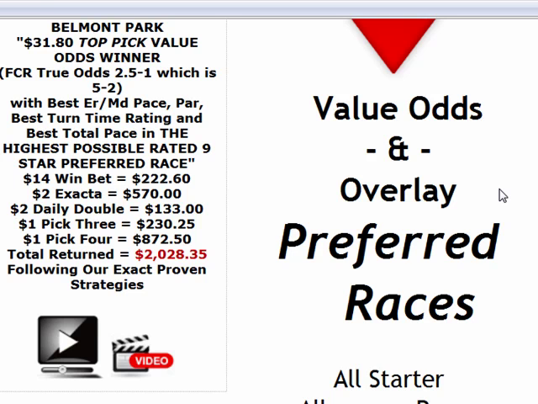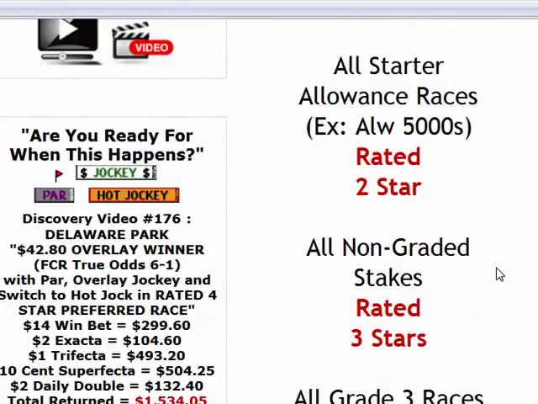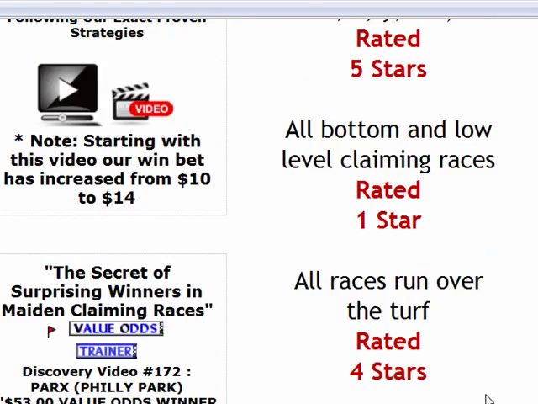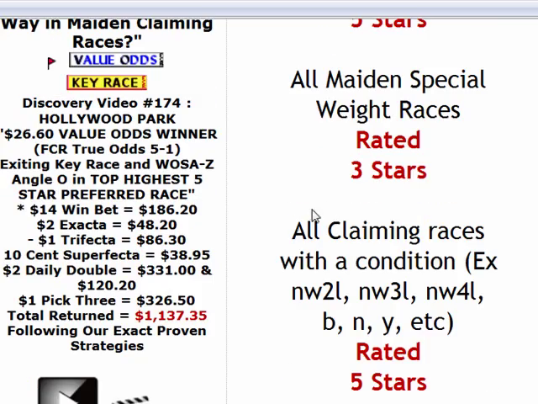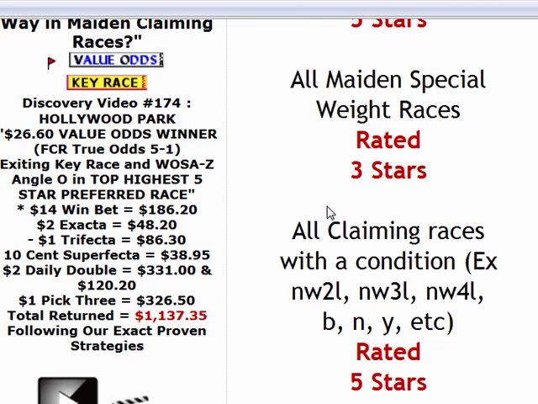Okay, so I've got them all rated. Here's all your conditions. I've got them all rated from 1 to 5 stars, 5 being the strongest. There they are. And the race we're looking at here is a top-rated 5-star. Can't get any higher. As far as a single condition, claiming races with a condition will always have CLM, the claiming price, and then some sort of numbers and letters to the right of the claiming price.